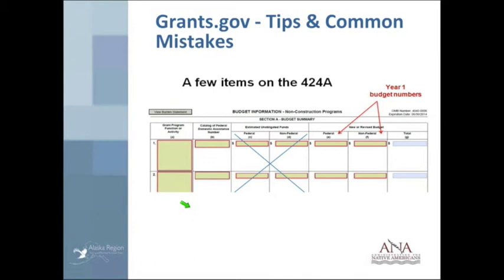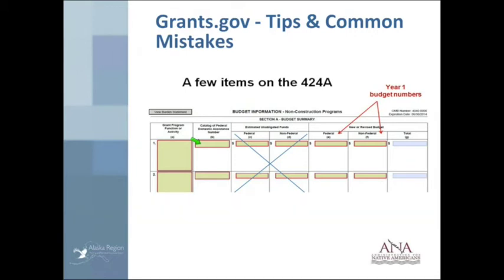Second, on the 424A, this is a continuation. You would put here under the grant program whichever program you're applying for. So if you're applying for the SEDS, like in the example we've been using so far, you put SEDS there, and the CFDA number, which for SEDS is 93.612.